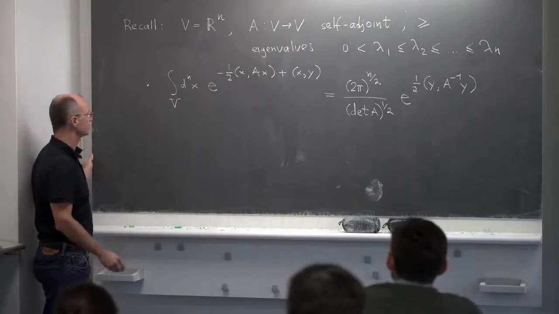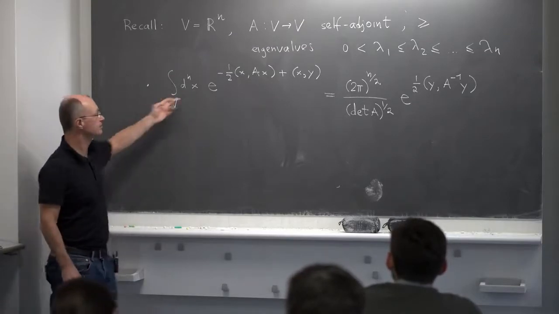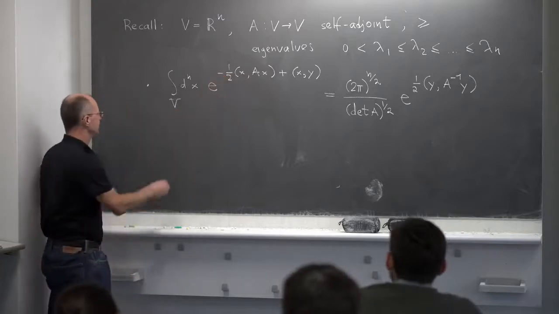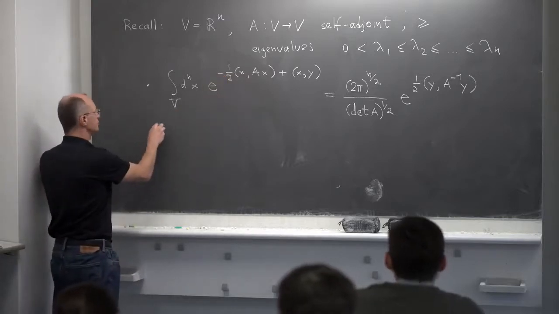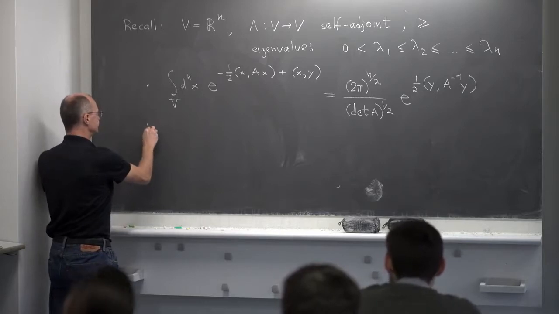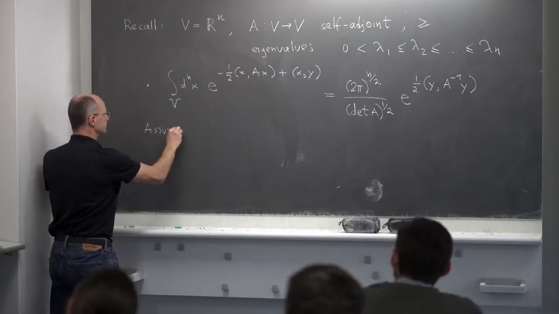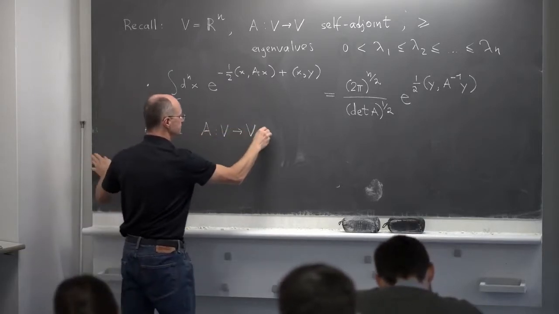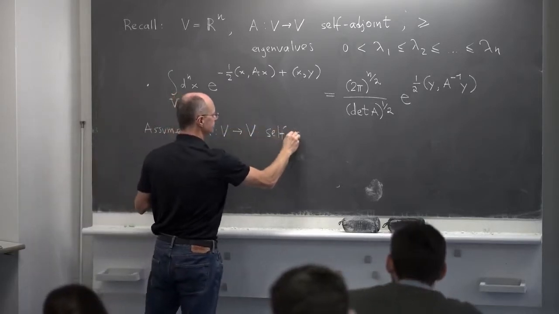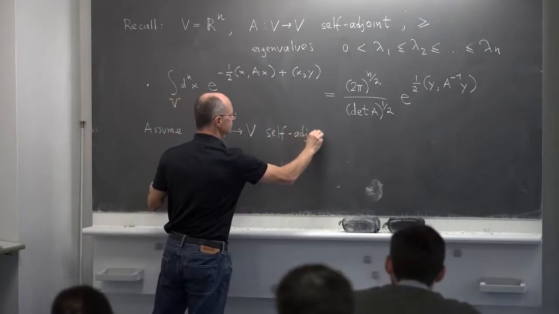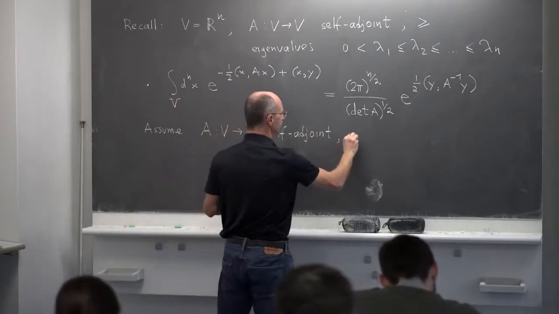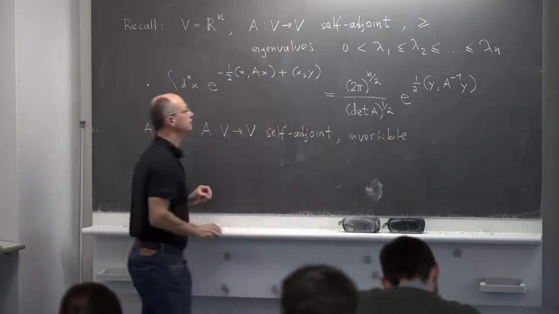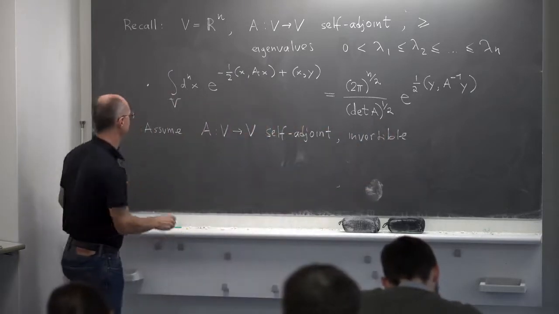Now maybe just a small variation, right? Sometimes we want to put the imaginary unit here in the exponential. Now let's assume that A is still self-adjoint and invertible, so we no longer need to assume it's positive definite.